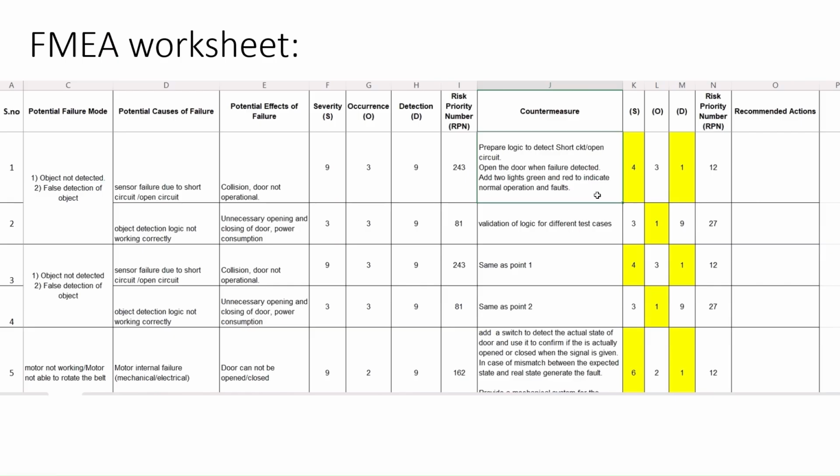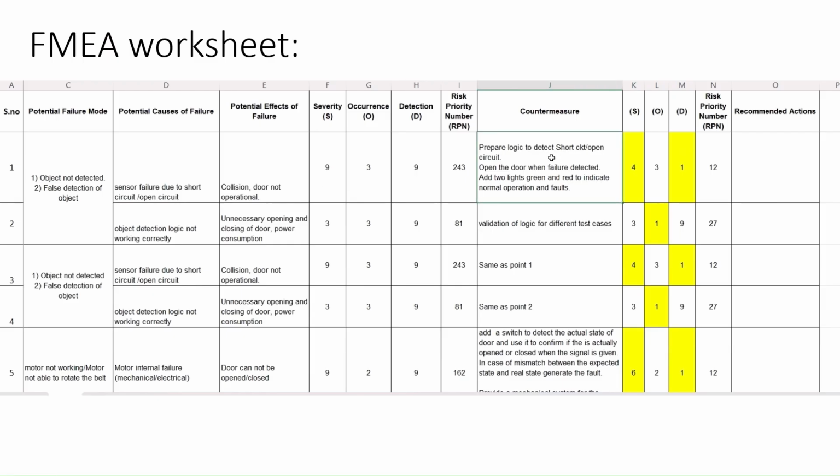And also, since we have already detected that there is an issue in the system and it should be serviced, we will add two lights. One will be green and one red. Green will indicate normal operation and red will indicate faults. So after implementing this countermeasure, we can see that the collision won't be possible because we will open the gates when there is a failure. Severity is reduced.